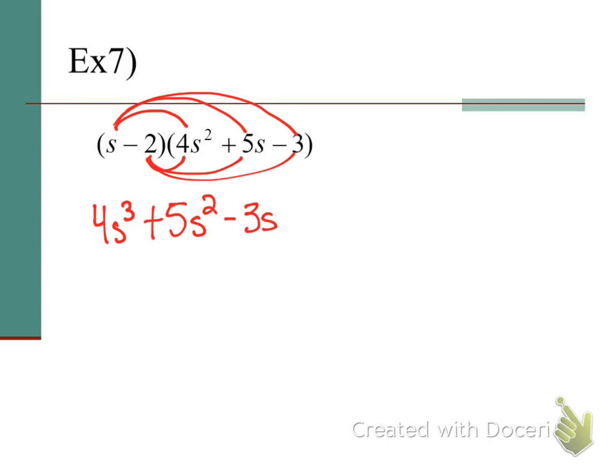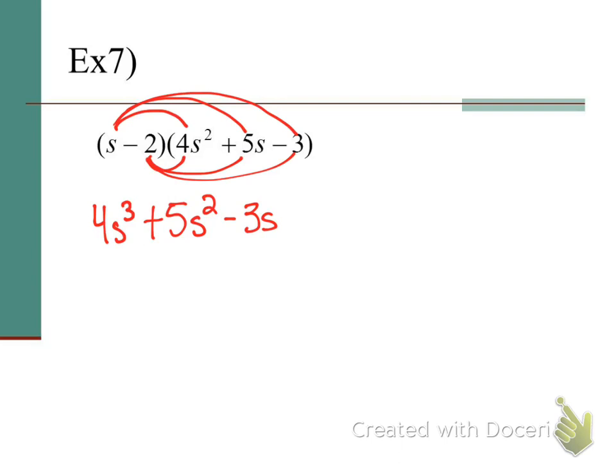All right, next thing we got to do is distribute that negative 2. Negative 2 times 4s squared. Anybody? Negative 8s squared. When I write out my work for these, if I've got 3 of them in the back, I like to line them up. So once I distributed the first time, when I go back through and distribute the second time, where do you think I want to write that negative 8s squared?